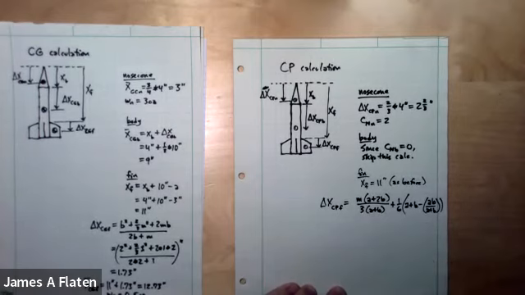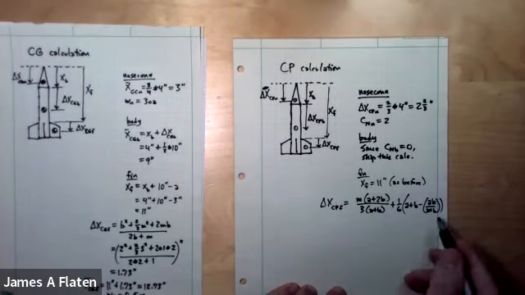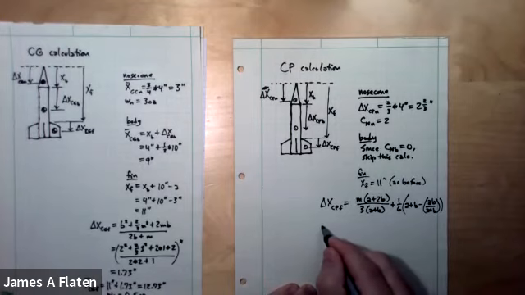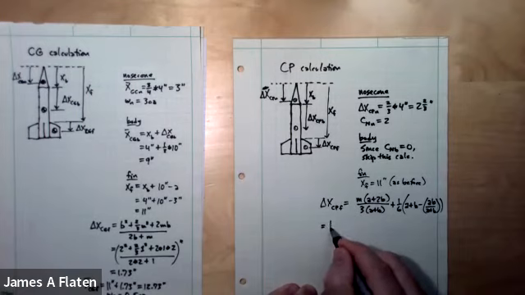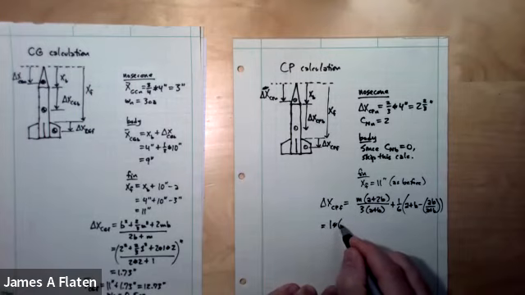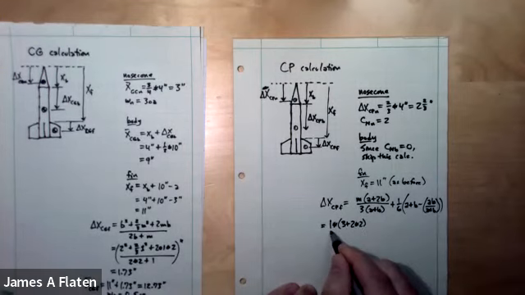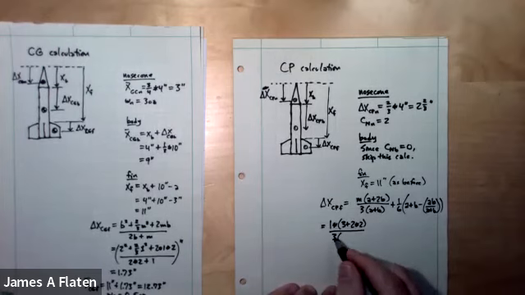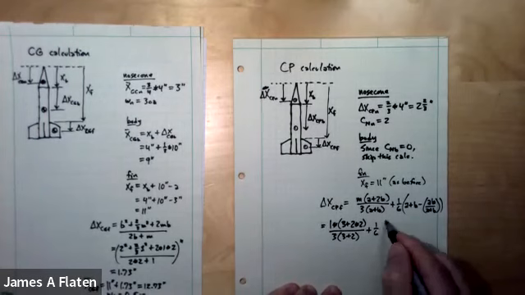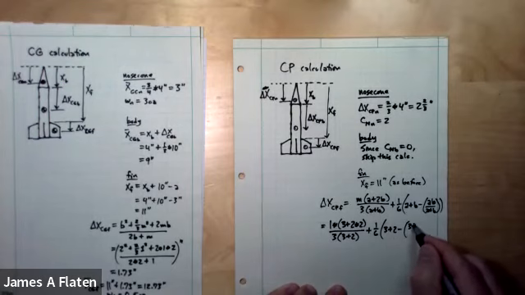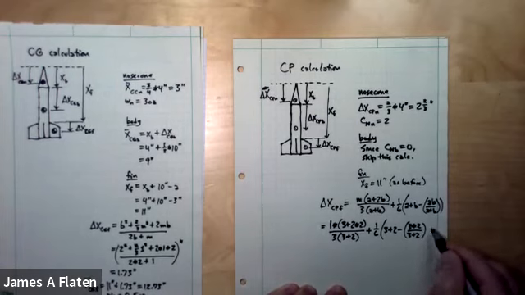That's from the slides. And so now let me just put in numbers, and eventually this will always come out in inches. So I have 1 times (3 plus 2 times 2) over 3 times (3 plus 2), plus 1/6 times (3 for A plus 2 for B minus 3 times 2 over 3 plus 2).